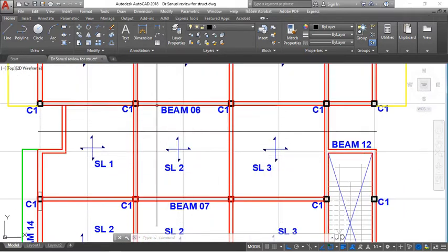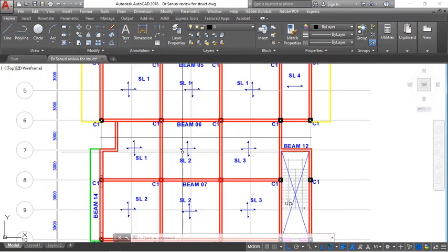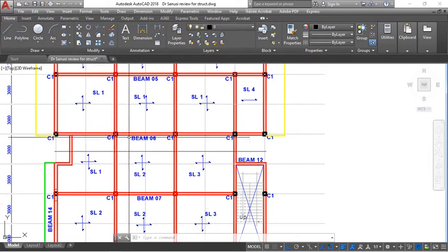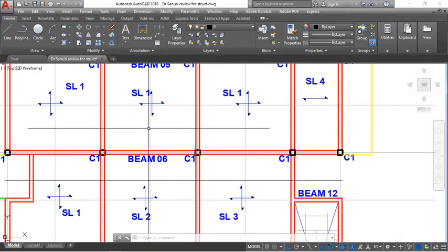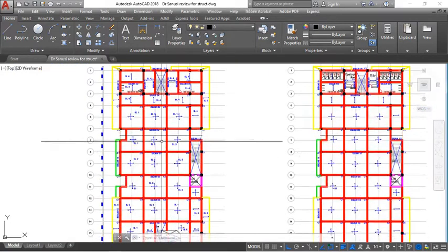Slab 2 here is also a slab which is continuous at the 4 edges, but in this case its bounding beams have the distribution of the adjoining slabs also in two ways. So that was why I made that.